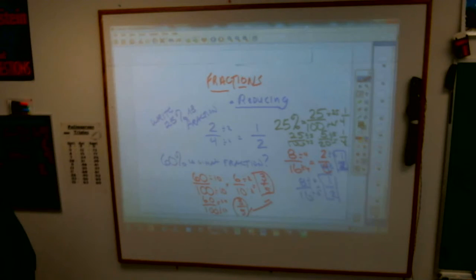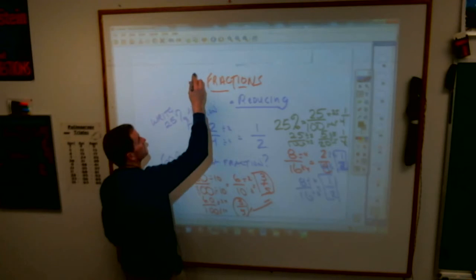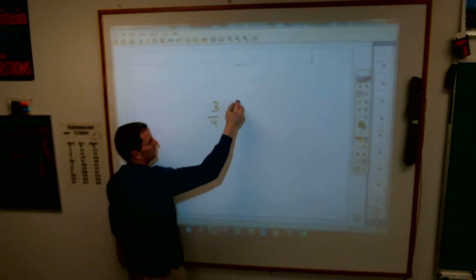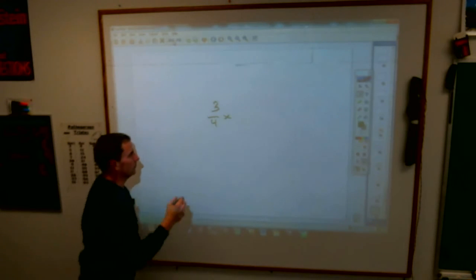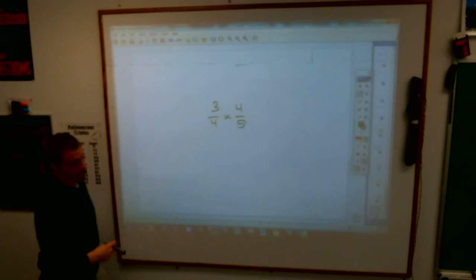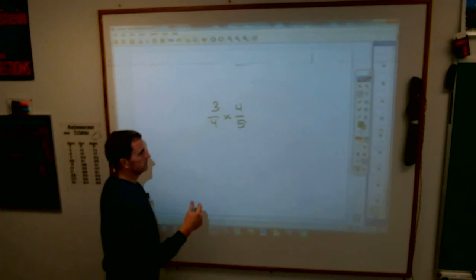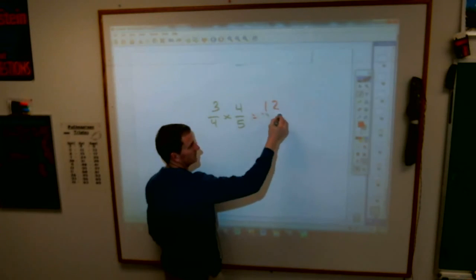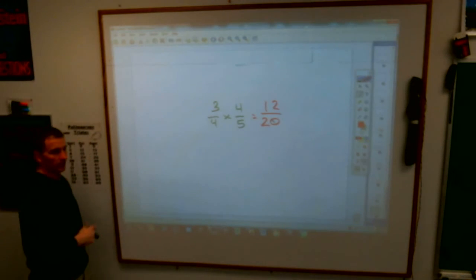How about another one? What about this one? 3/4 times 4/5. What do I get if I multiply those together? Caleb Fisher. 12 over 20. So when you get 12 over 20, if it's a fraction, you gotta look at that and go, is that reduced all the way?